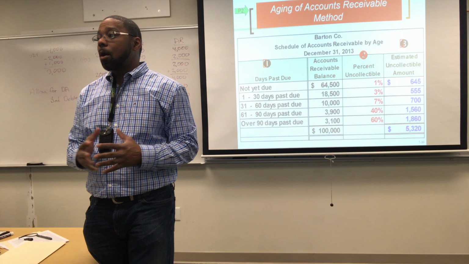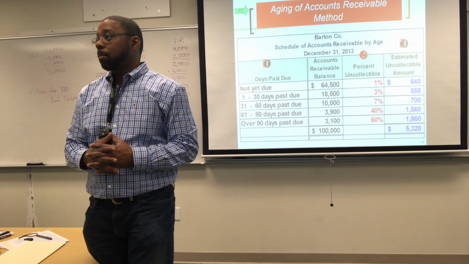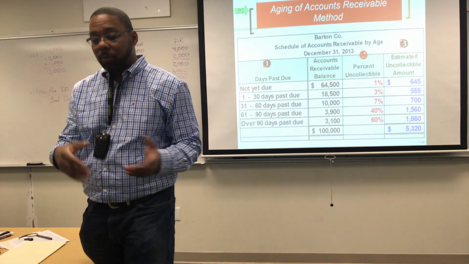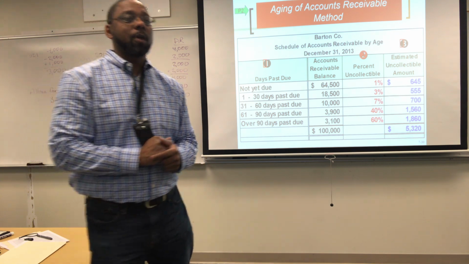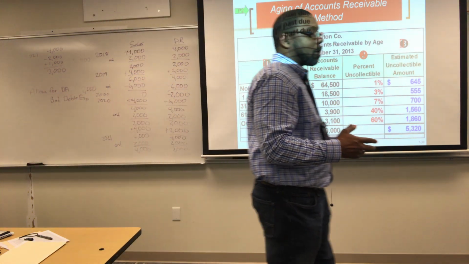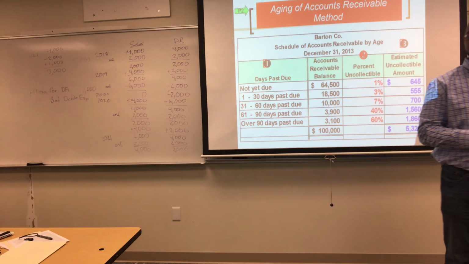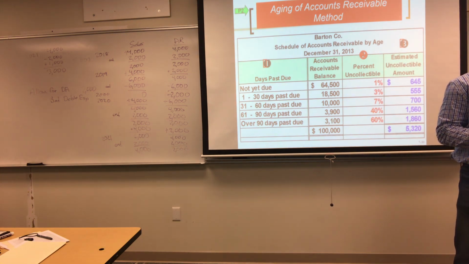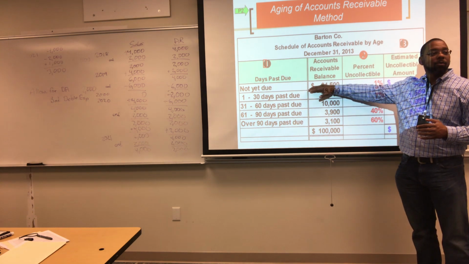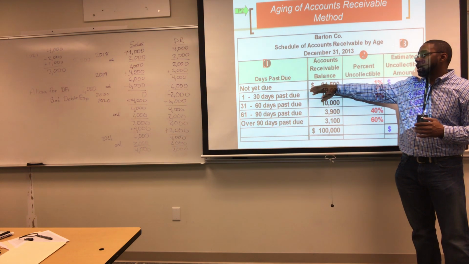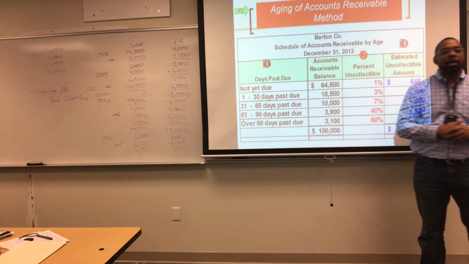Say this again: not all bad debt is the same. Up to this point, with accounts receivable, we treated everybody the same. There's a 1% chance that you will not pay. But all bad debt is not the same. The people who are not past due yet are more than likely to pay than people over 90 days past due.